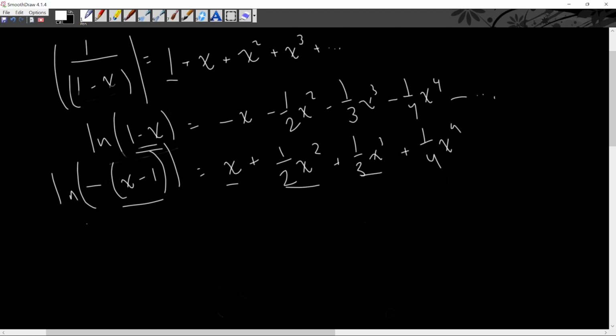And then now we are left with ln x minus 1. So I just multiplied this, so this is equal to that, right? But I also just multiplied this by a negative 1. So I'm just going to put times negative 1 over here. So that's what made this into a positive x minus 1.